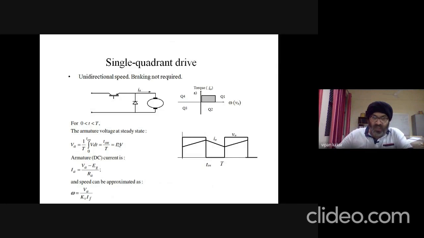This average armature voltage is equal to the duty cycle multiplied by the voltage applied, or input voltage.